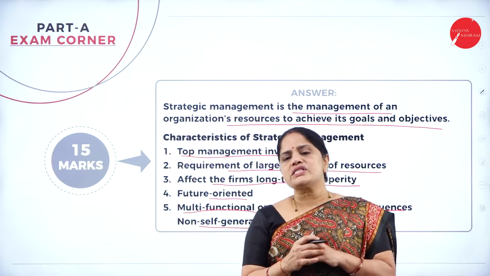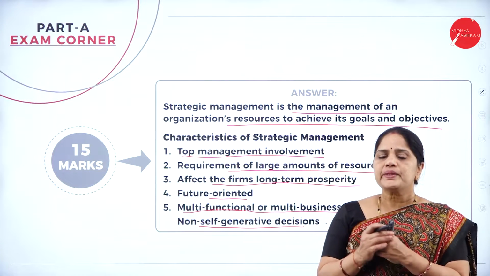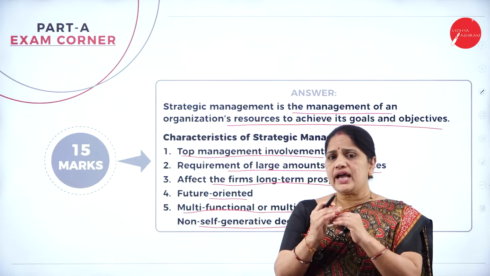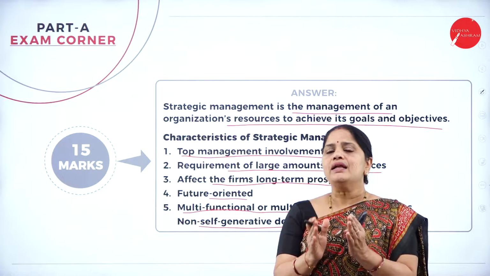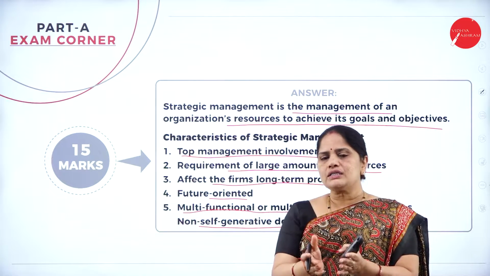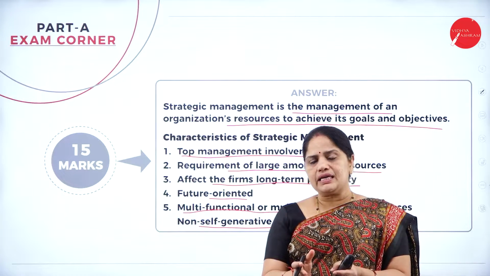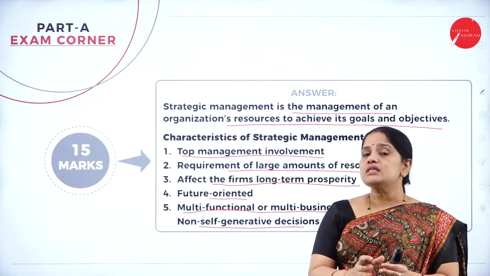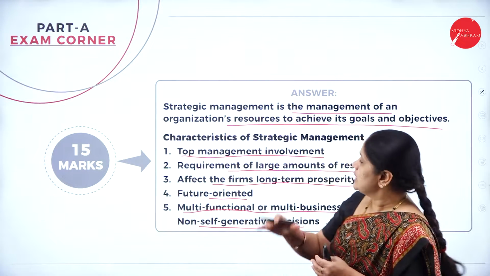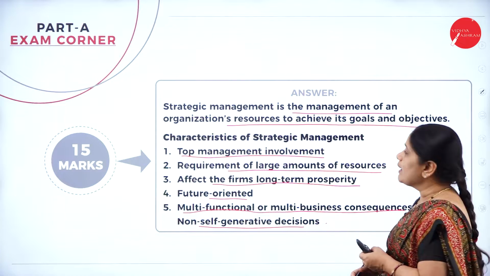So these kinds of strategic management decisions are non-self-generative. That is, we have to have a definite plan to see where the company will be in the next 10 years. Based on that plan only, we will be making a strategy, and based on the strategy, the company will be moving forward. These are the features of strategic management.